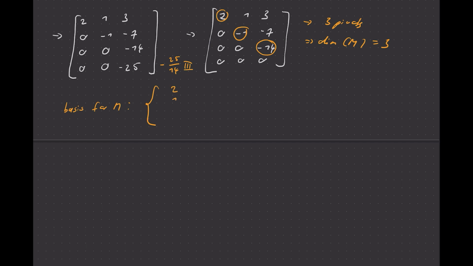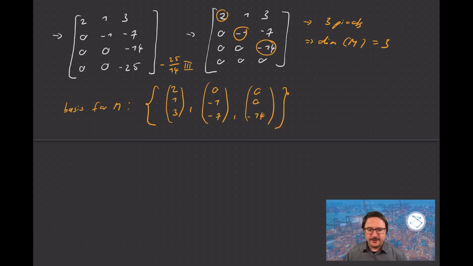So we have this 2, 1, 3, 0, -1, -7, and 0, 0, -14. And you notice the result is different, but it's still a basis of M, and there are lots of bases for M. So this is a completely valid solution.